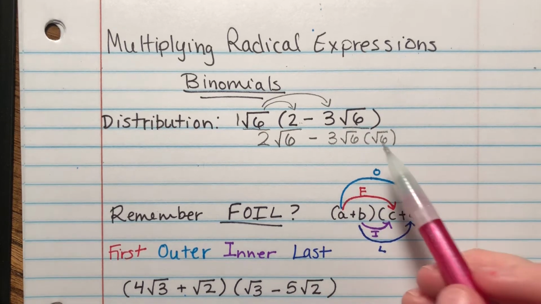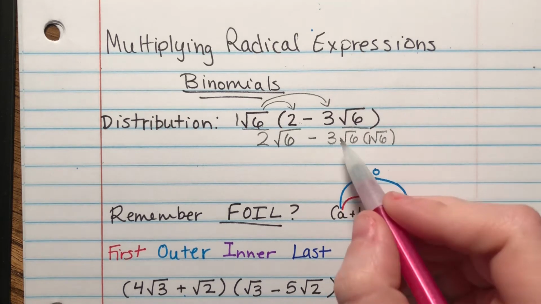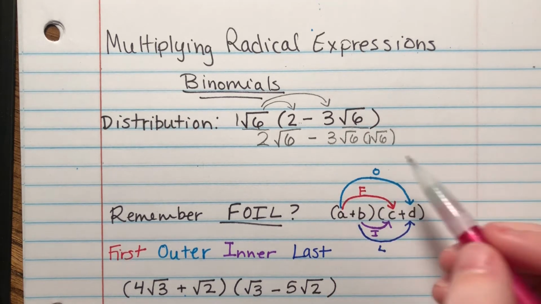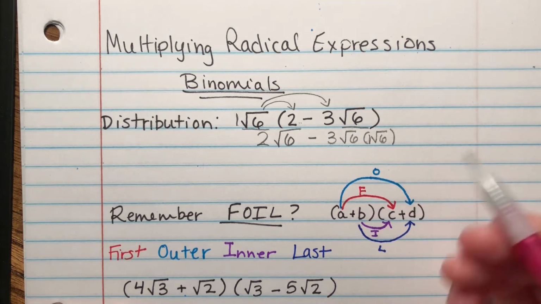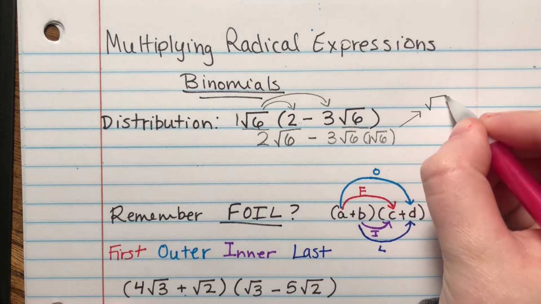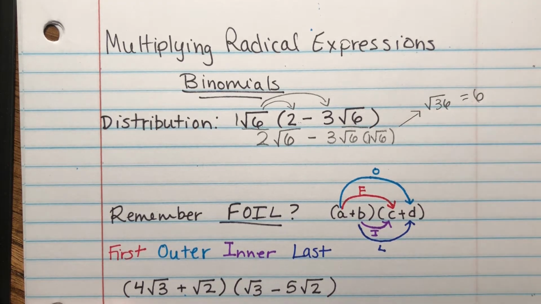Alright, so remember the coefficient here would just be 1. So if I multiply 3 times 1, I get 3. The square root of 6 times the square root of 6 is going to give me the square root of 36, which I know is just going to be 6.